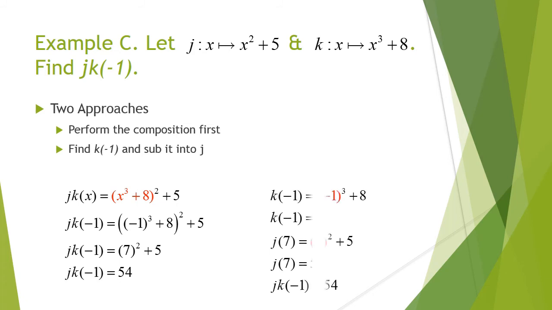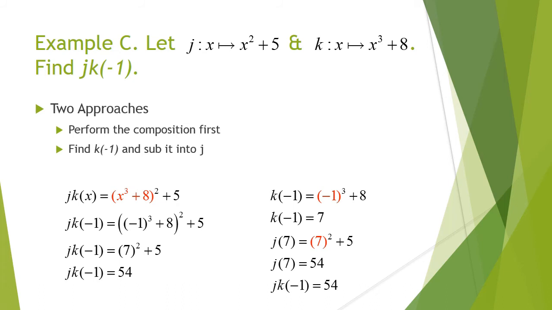The other way to do this is to find k of -1 first. So in this k function, I'm plugging in -1 everywhere I see x. So I get a value of k of -1 equaling 7.